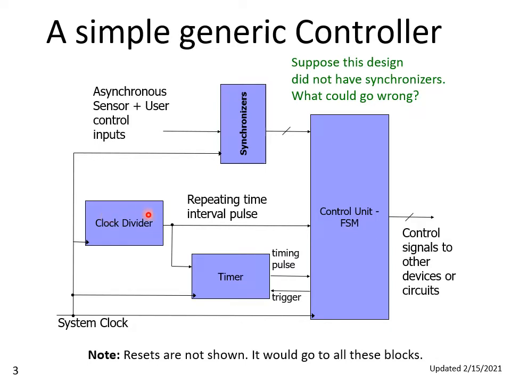On the other hand, in some cases, you just need a single event timer, in which case the control unit would send it a signal to tell it to start. It would count up to some value and then send a pulse back to the controller to tell it that that value was reached. So if you need one particular state or just certain states to be held for a certain length of time, this could be very useful for that.